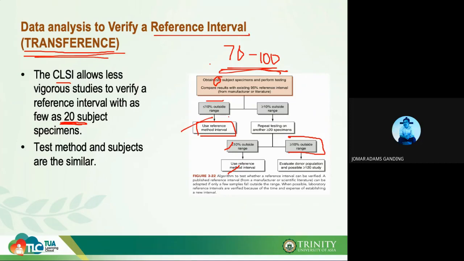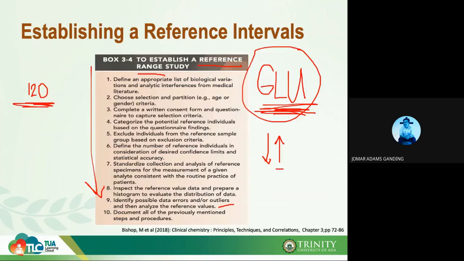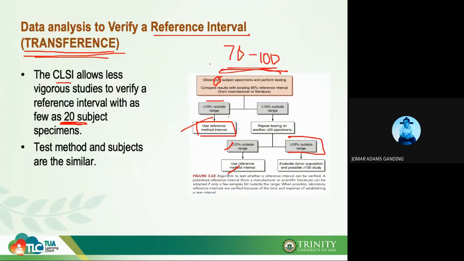So you would now need to perform the entire thing. When I say entire thing, you need to perform the reference interval study using 120 samples. Okay? It's easy to understand, correct?